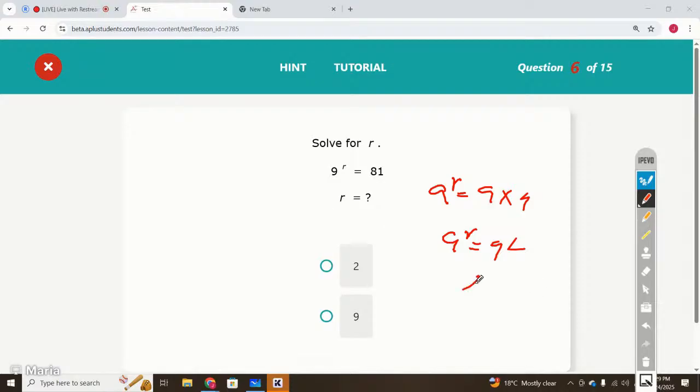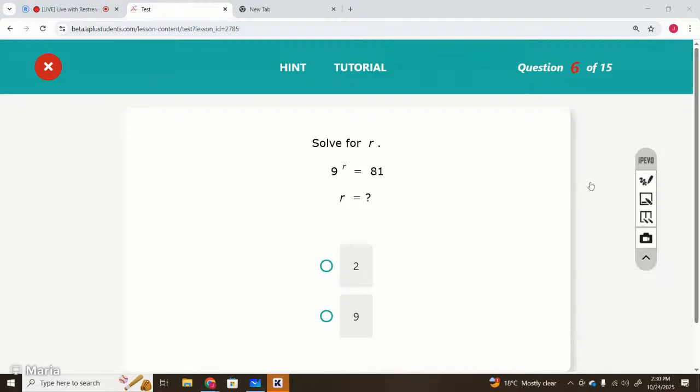That is r equals 2. Option number 1 is the correct option.